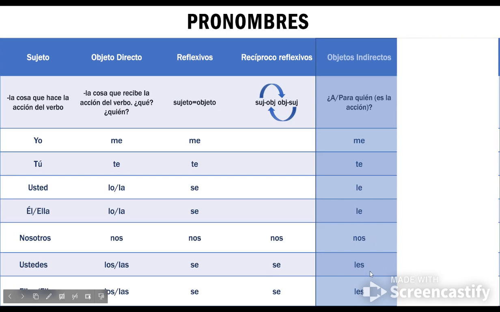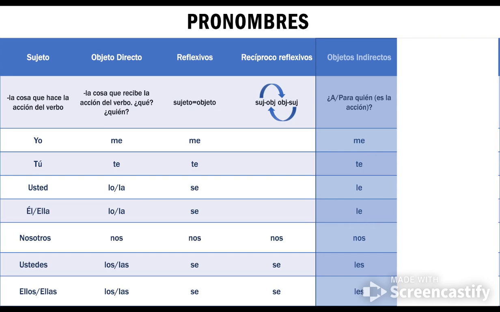So notice how they are different from direct object pronouns, where in usted and él and ella, you have to consider the gender, the grammatical gender of the object. Not with indirect object pronouns.